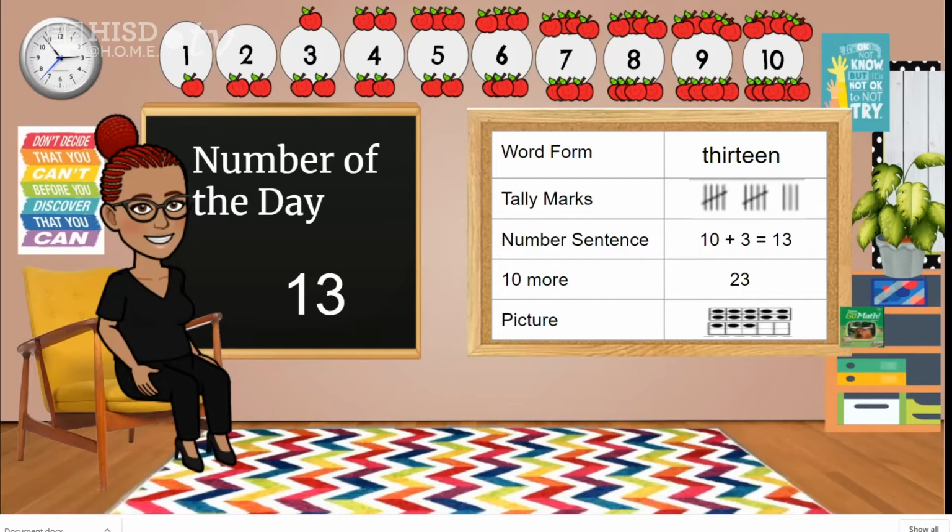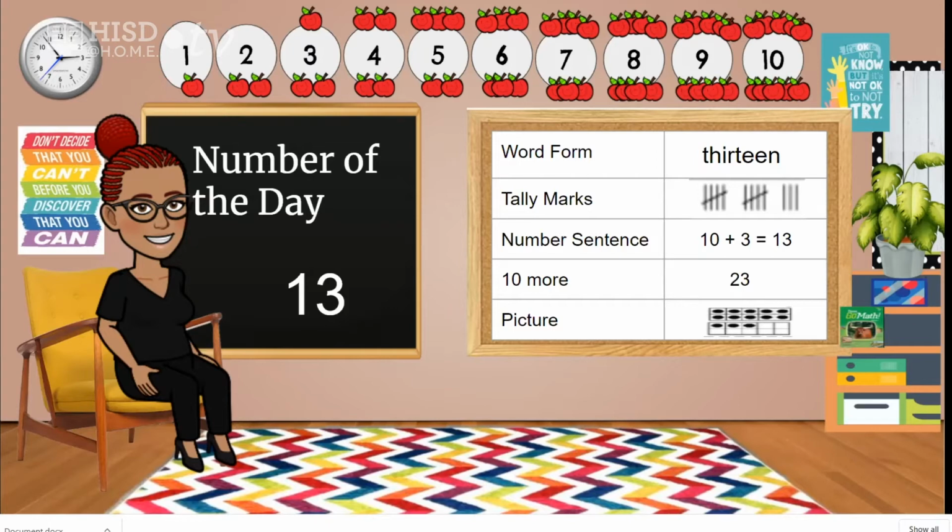If I have 13 and I add 10, 10 more is going to give me 23. And lastly, I made a picture using my 10 frames to represent 13. If you didn't put any of these ways on your paper, go ahead and add it now.